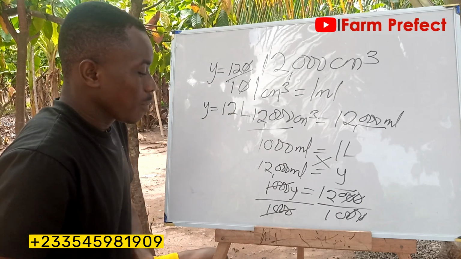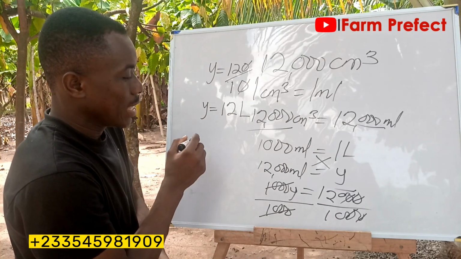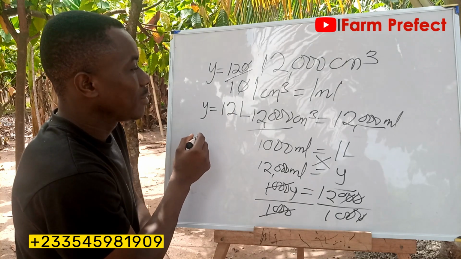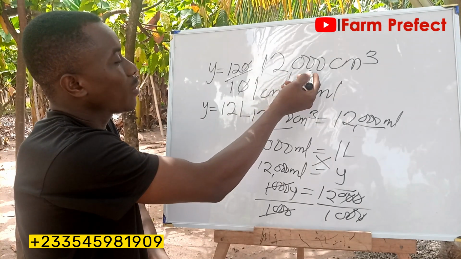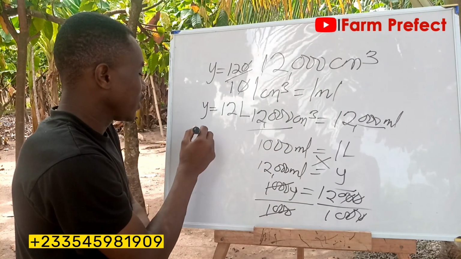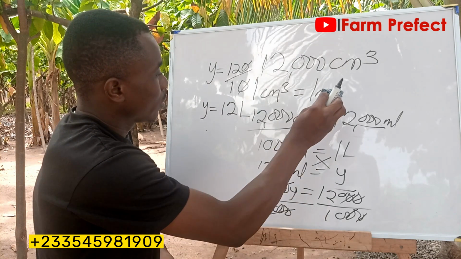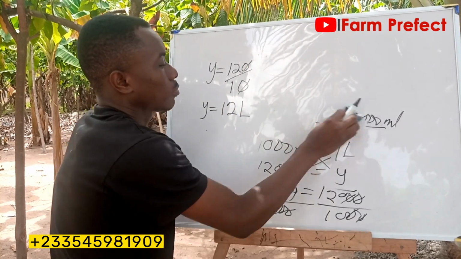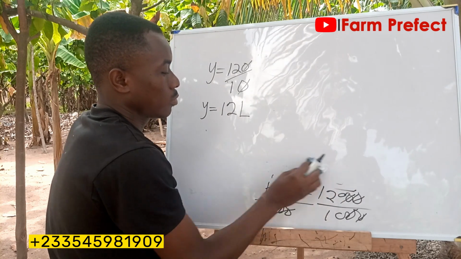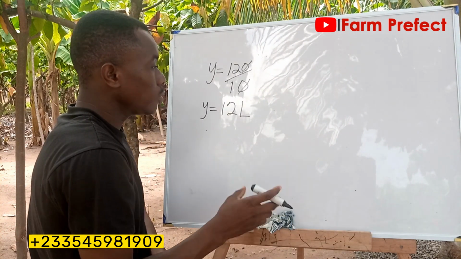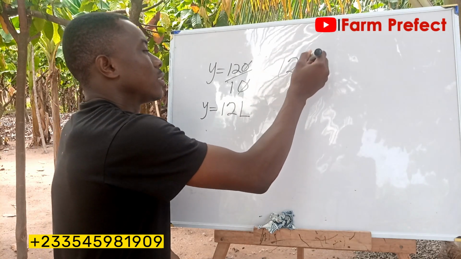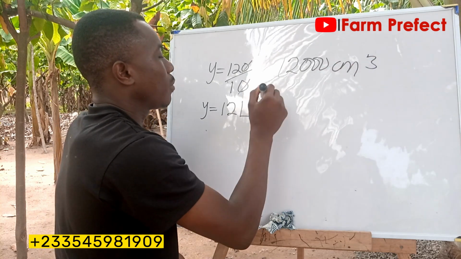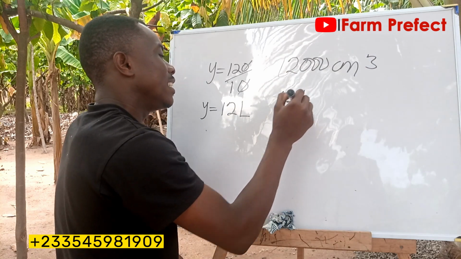What it means then is that 12,000 cm cube is actually equivalent to 12 liters.